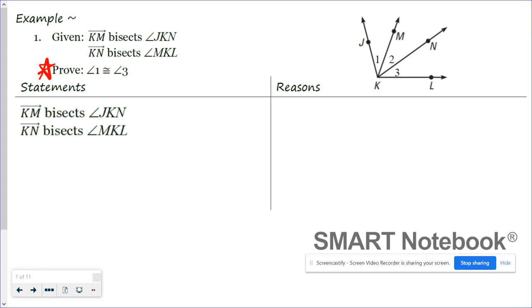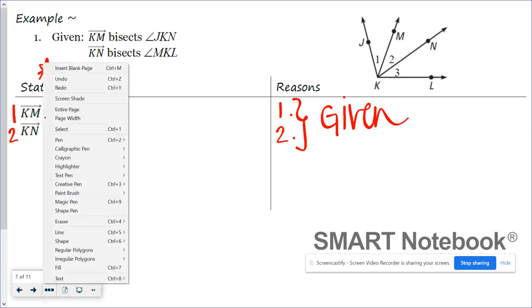And right now they're not. Right now, all I have are the two givens. So let's see how we can use the given information to bring angle 1 and angle 3 into our proof.